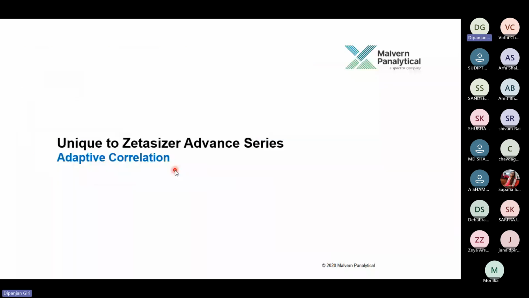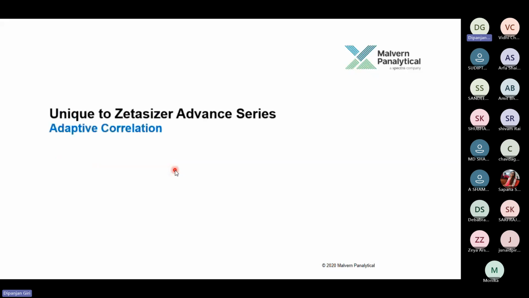Another feature, if I say the digitizer, is the adaptive correlation, which you can probably see in the software. It is a very normal signal from the sample which DLS can capture.